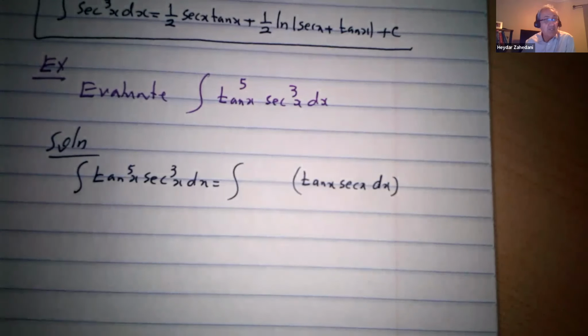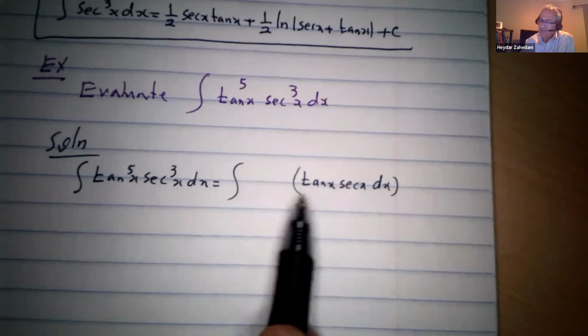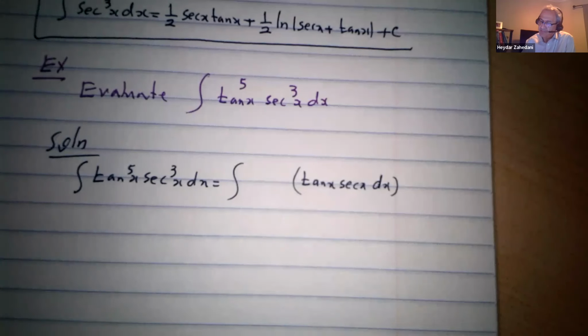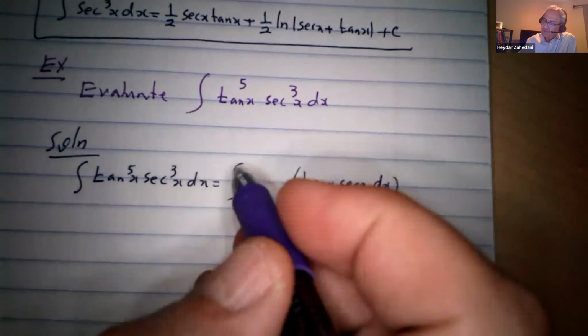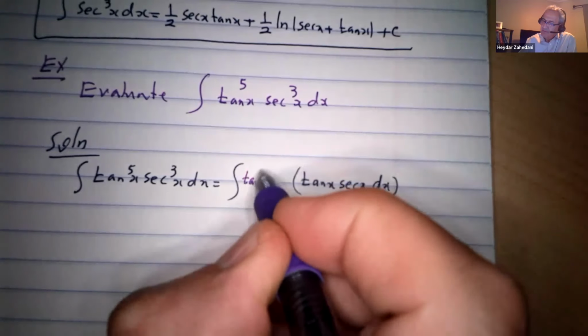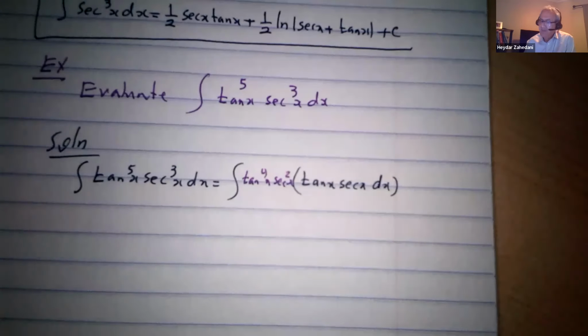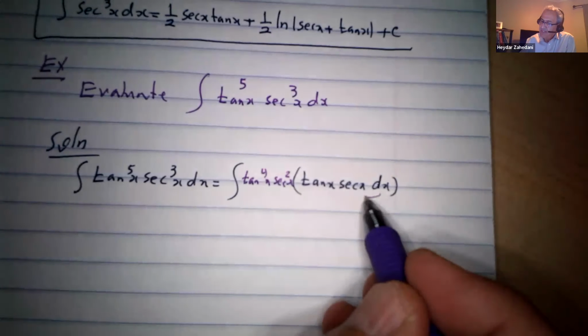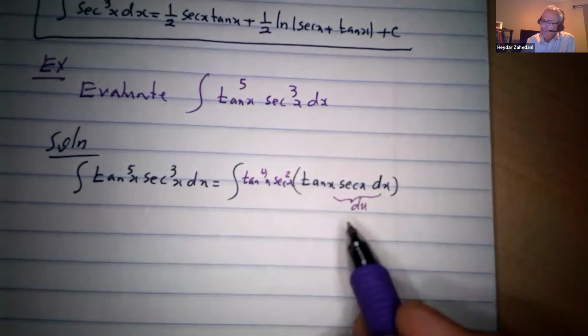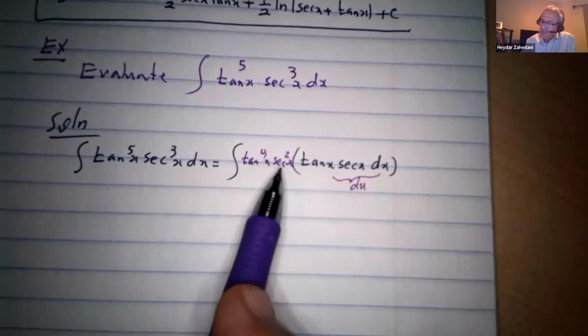So if you change everything else to secant, then you'll be able to do it by u substitution. So what's going to be the leftover? This would be tangent to the fourth, and that would be secant squared. You already got the du if you like.